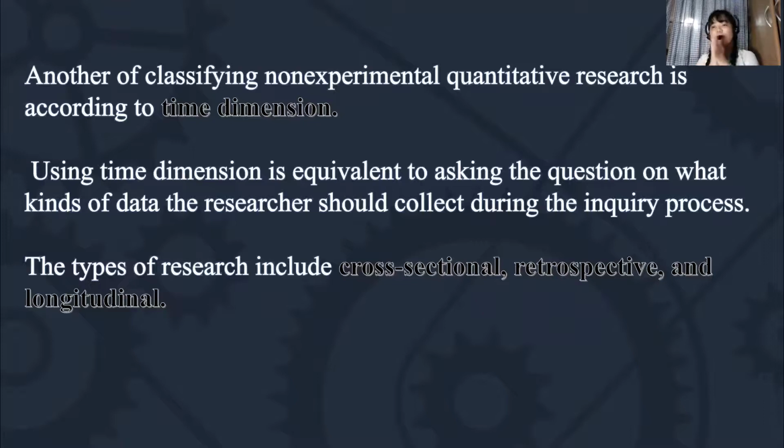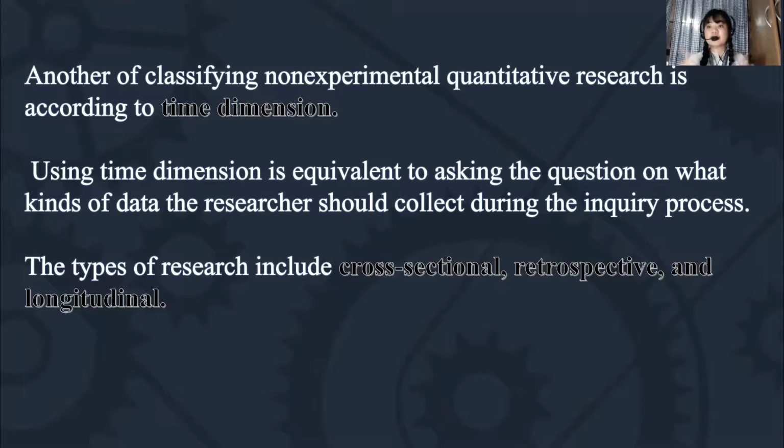Next, let's now proceed to another type of non-experimental research. So again, just a recap, descriptive, predictive, and explanatory are under the non-experimental research classified according to purpose. But this time, let's now proceed to the second classification, which is according to time dimension.